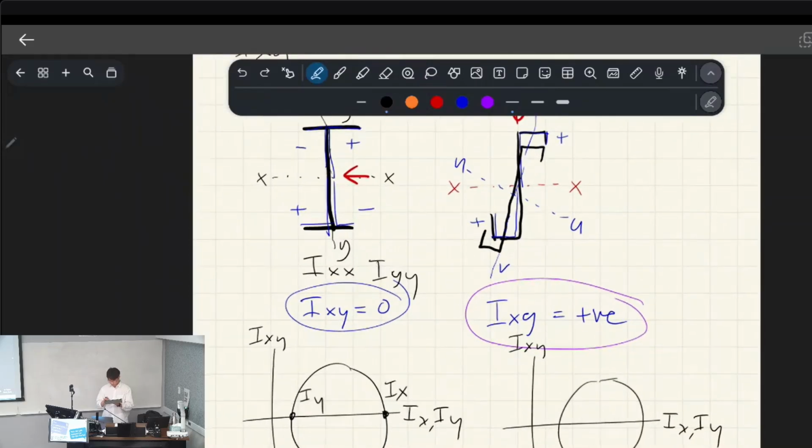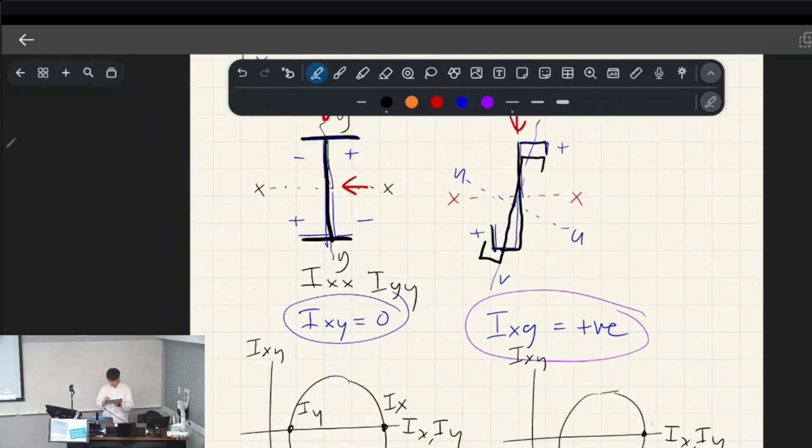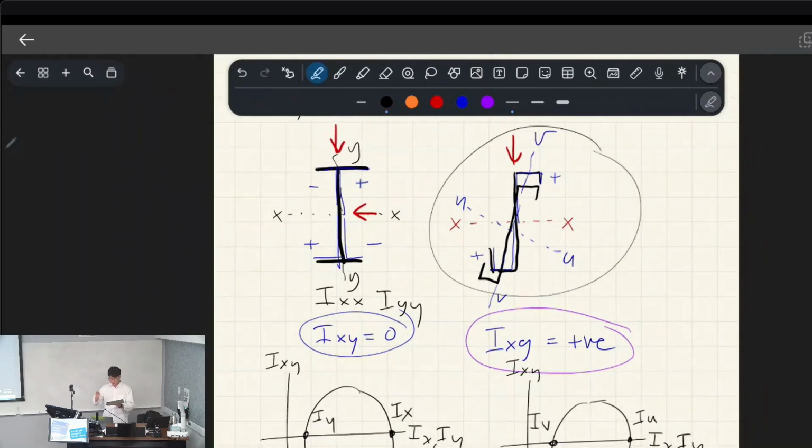The thing about when you plot something like this, which has a non-zero product of inertia, is that it does actually have principal points, being the highest and lowest bending resistance, and that's actually going to be UU and VV. Because like I said, it's going to want to bend that way, and the strongest direction that it's bending was this one.